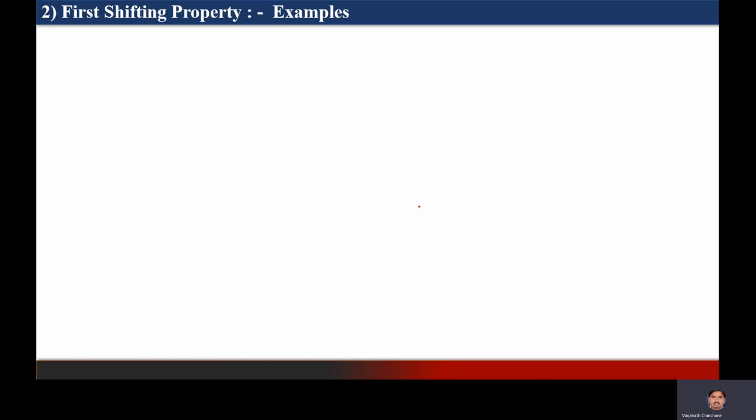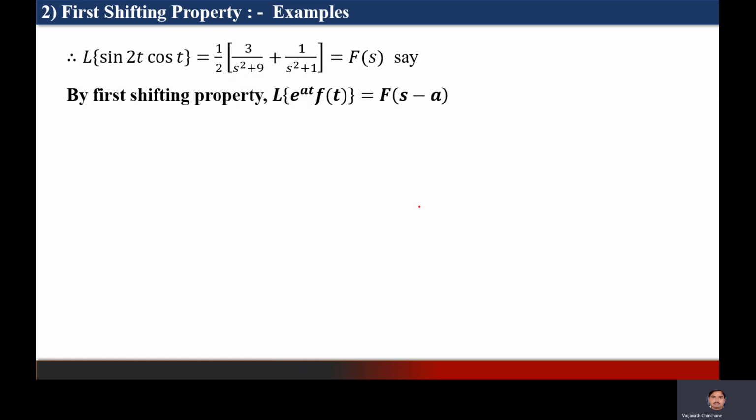Now we multiply this sin 2t cos t by e raised to something. So by the first shifting theorem, L of e raised to at f of t is equal to F of s minus a. Therefore Laplace of e raised to 4t sin 2t cos t is 1 by 2 Laplace of this term, in which this s as well as this s is replaced by s minus 4.